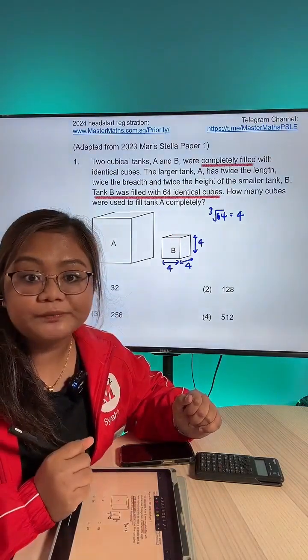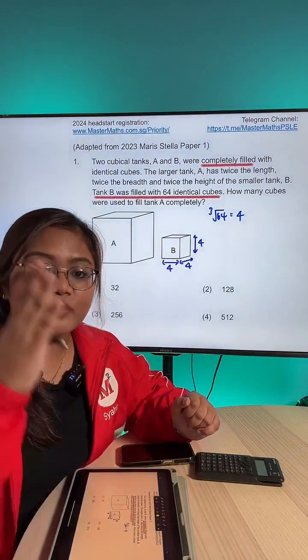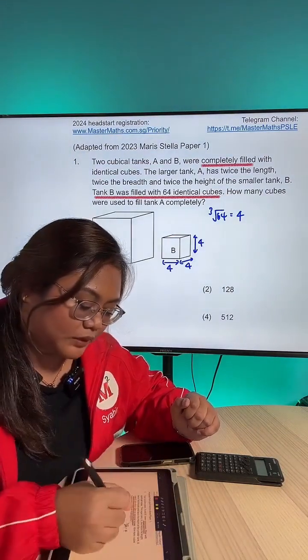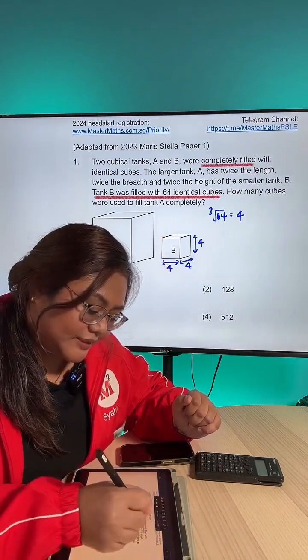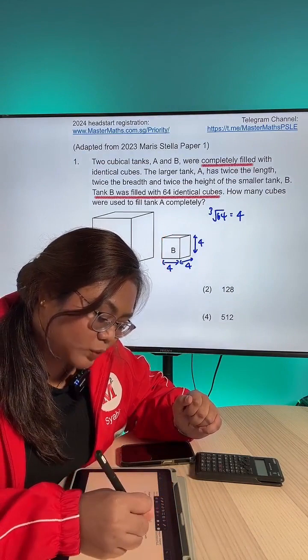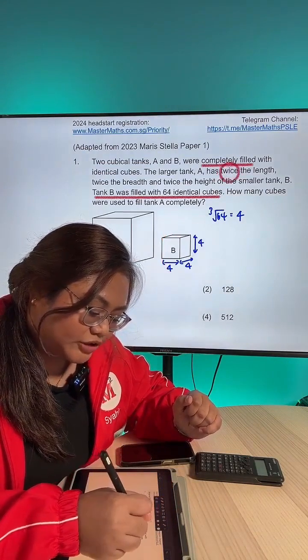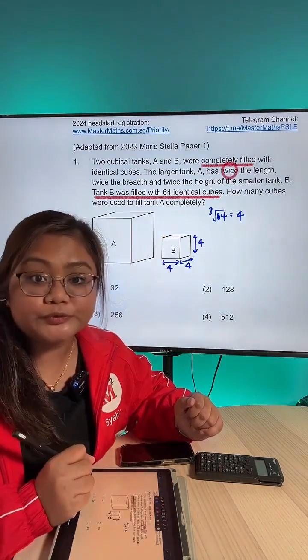So far, can follow? So we have the length, breadth and height of the smaller one. Since the larger tank has twice the length, twice the breadth and twice the height, we just multiply this by 2.